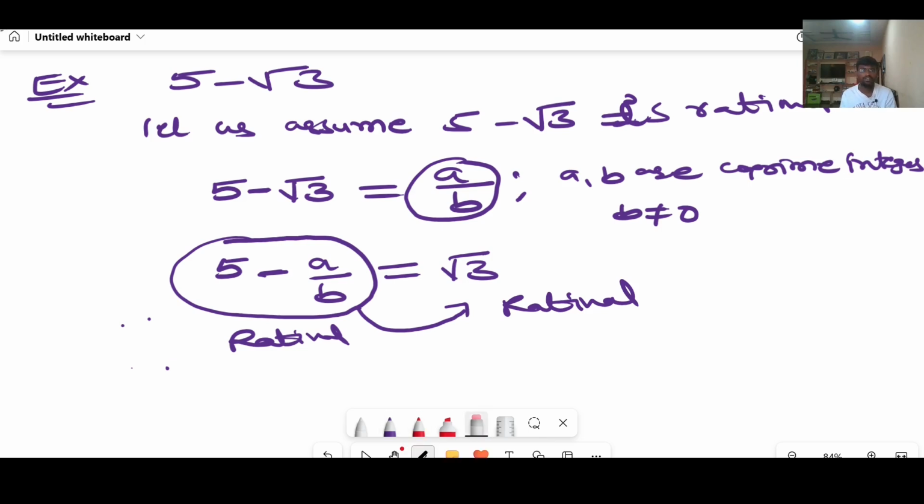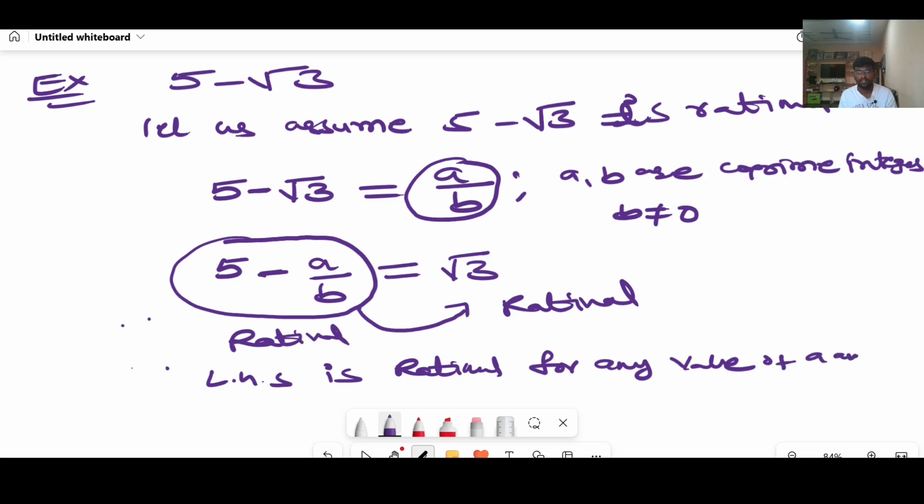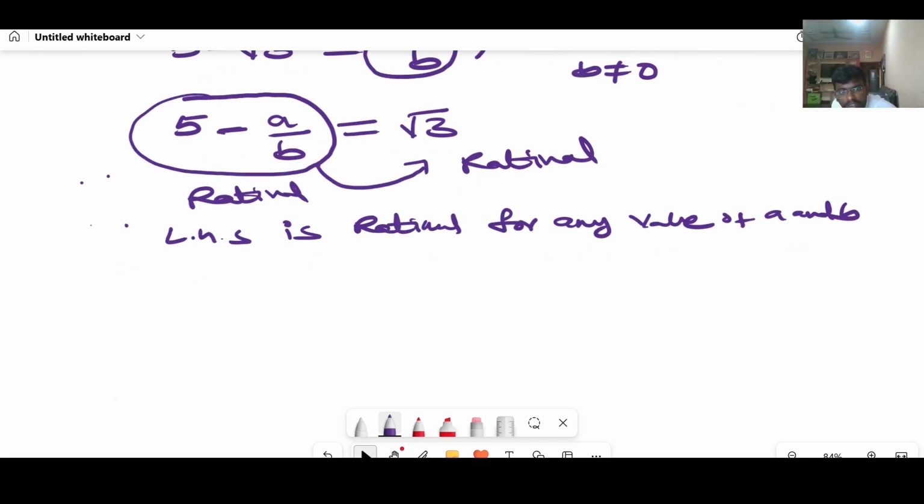If the left hand side is rational, the right hand side will also become rational, but we know that root 3 is irrational. The LHS is rational for any value of a and b.